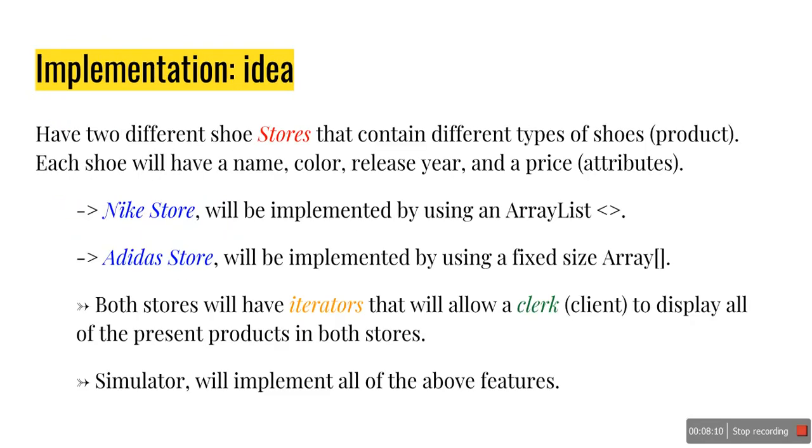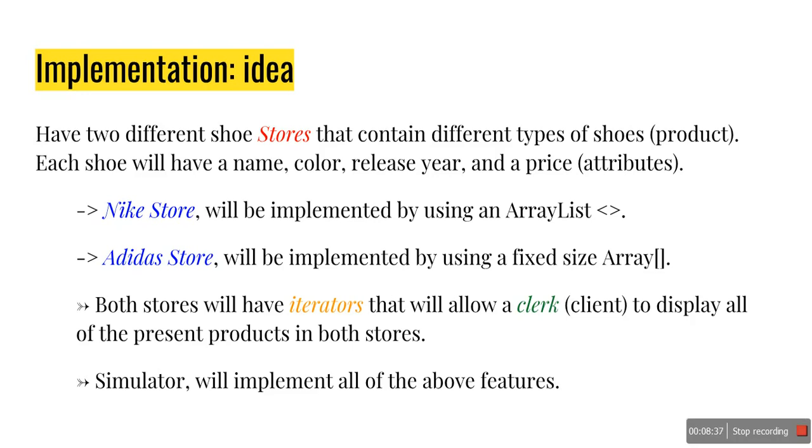So now to my idea, the project where I implemented the iterator pattern. The basic idea is we will have two different shoe stores that will contain different types of shoes, and in here the shoes represent the product. Each shoe will have a name, a color, a release year, and a price, and these are the different attributes that come with the product.